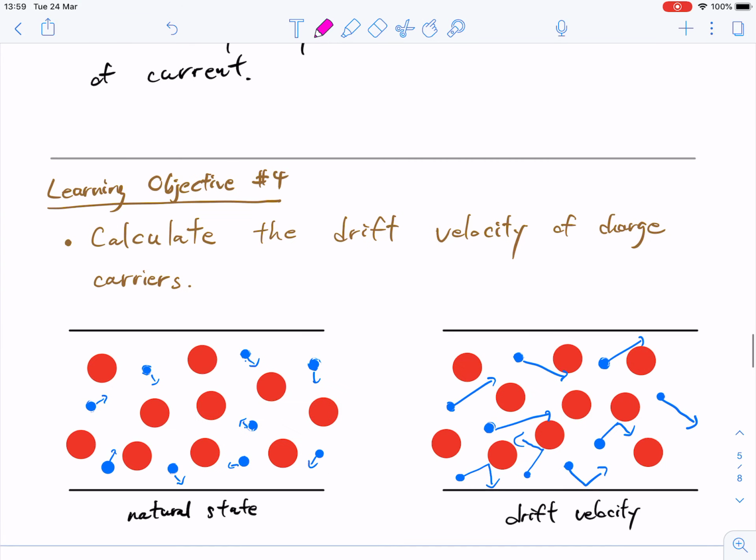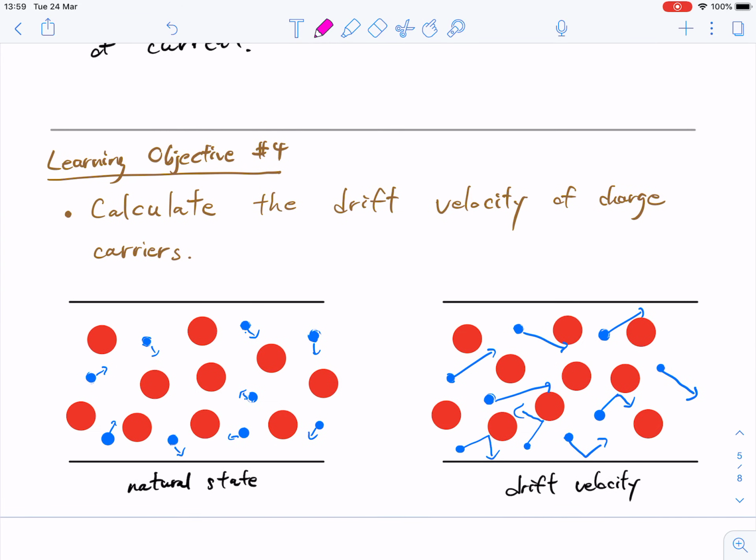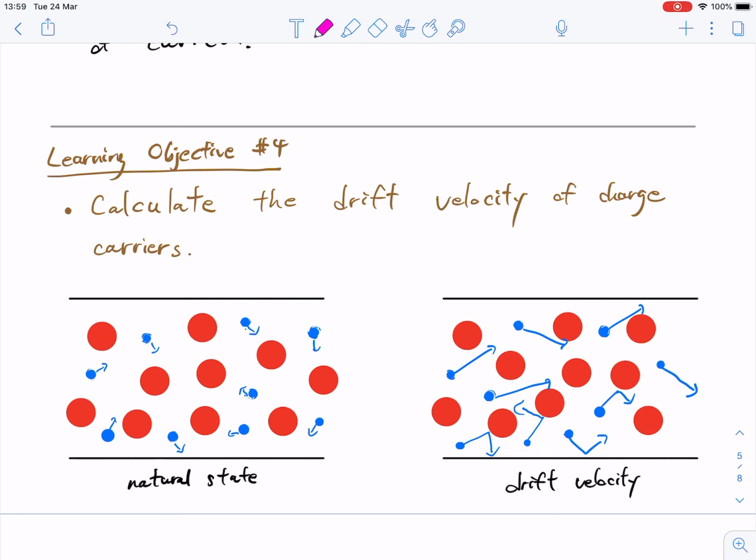So actually, I'm just going to jump down here a little bit to this particular diagram here. This is actually very helpful because in a natural state, objects are still vibrating. And so in this natural state, the electrons and even the protons will still be vibrating and moving a little bit. Okay, and what we're doing is when we apply an electrical force by having a potential difference of voltage, right?